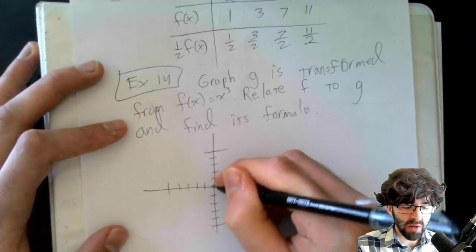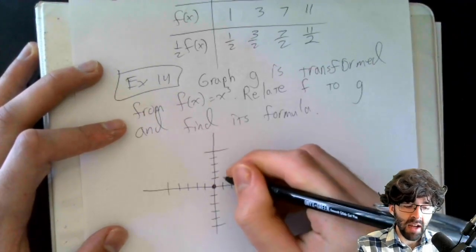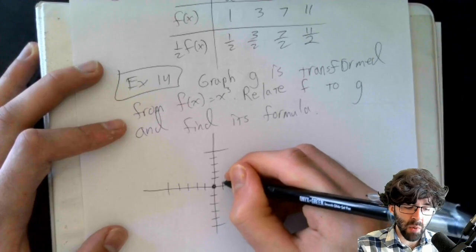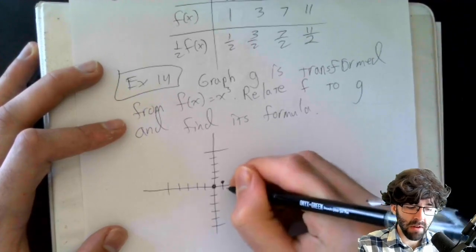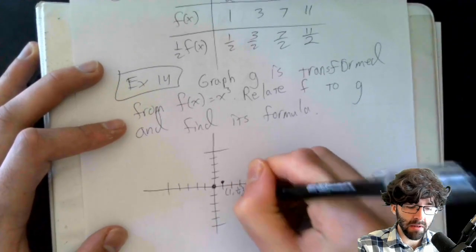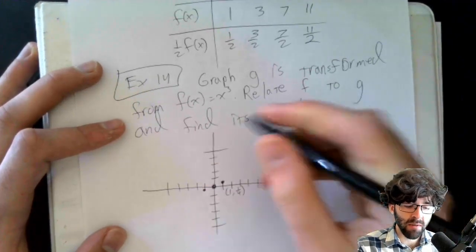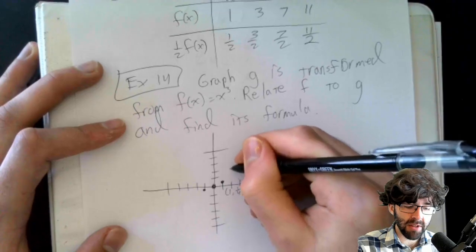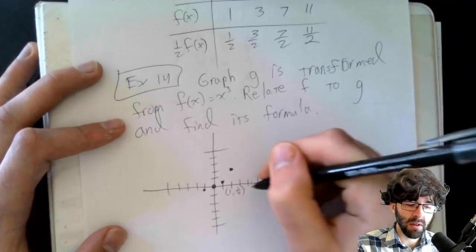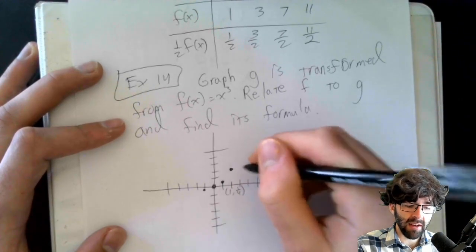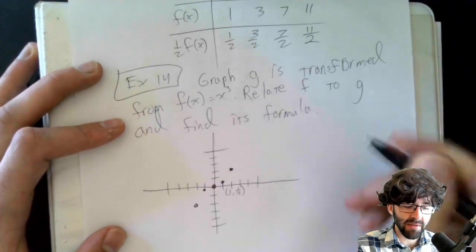So it has the point 0, 0, has the point 1, 1/4. That's point 1, 1/4. -1, -1/4. Has the point 2, 2. And then that's -2, 2 as well.